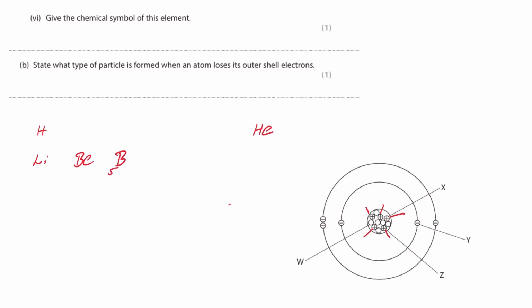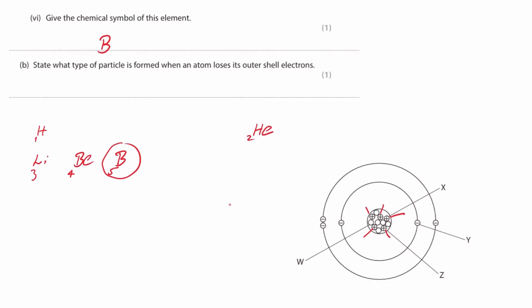So from the atomic number we can identify the element. The element we have here is boron. The chemical symbol is simply capital B, which is boron.